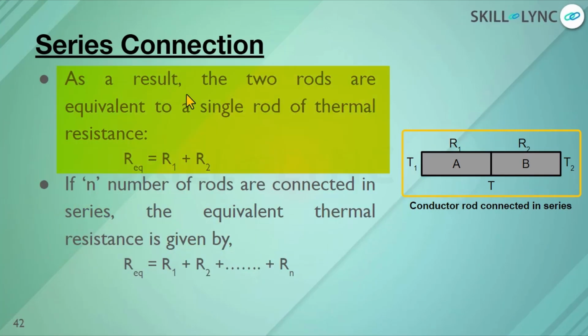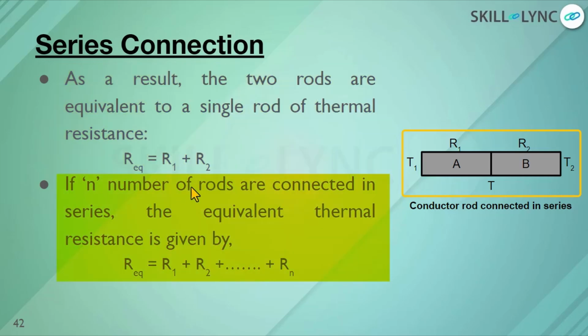As a result, the two rods are equivalent to a single rod of thermal resistance R equivalent, which can be written as R1 plus R2, where R1 was the thermal resistance of rod 1, that is rod A, and R2 was the thermal resistance of rod 2, that is rod B. So the equivalent resistance in case of series connection would be R1 plus R2.